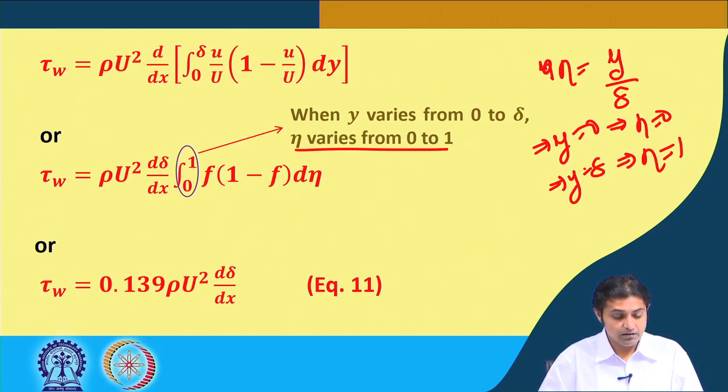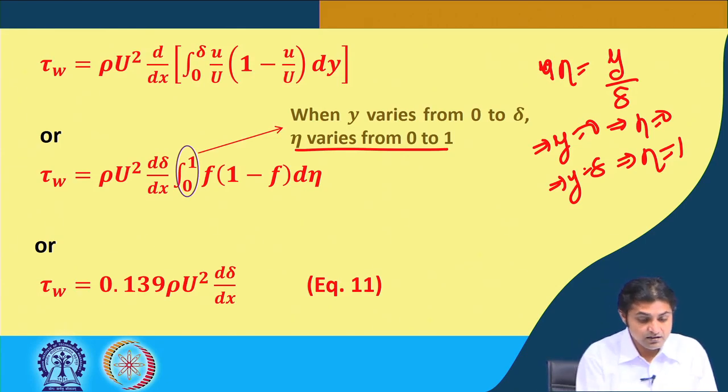Or in other terms, what we can write is, on integration and converting it into the form of delta, y by delta, this will give us tau w 0.139 rho U square, rho U square remains rho U square.